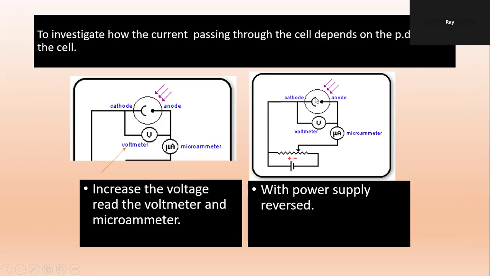It should be negative, so that when electromagnetic radiation falls on the cathode, electrons are emitted, and the positive anode attracts the electrons. But in this case, you are putting the cathode positive, so you are attracting the electrons back. Can you understand? You are stopping the electrons.